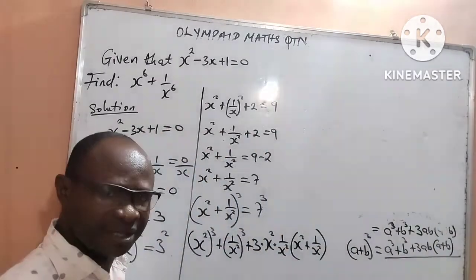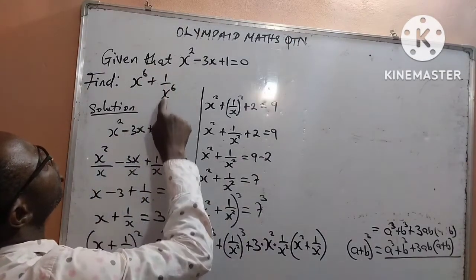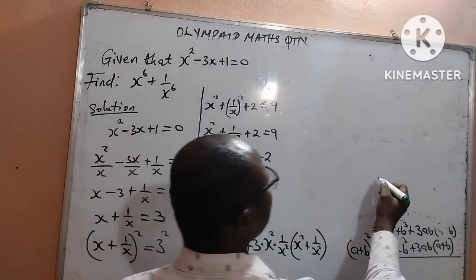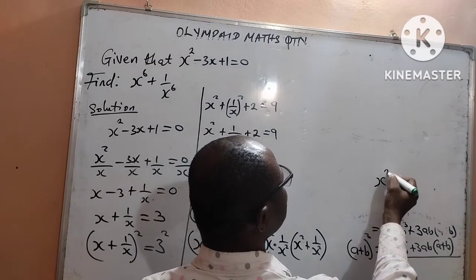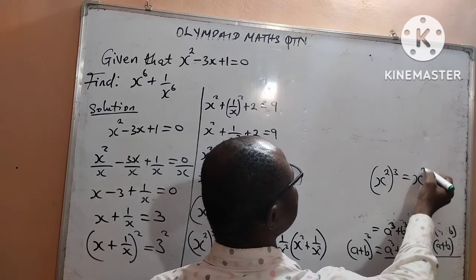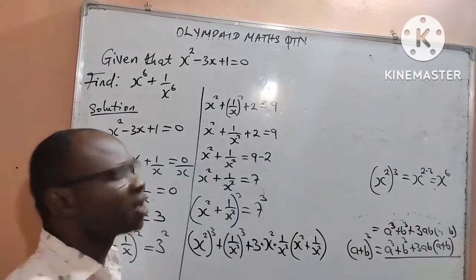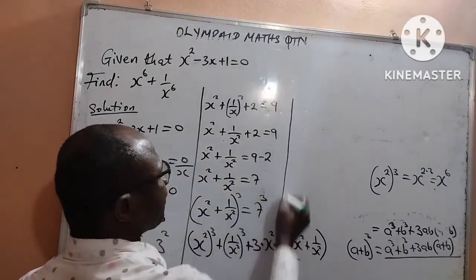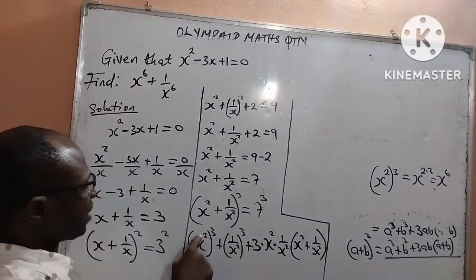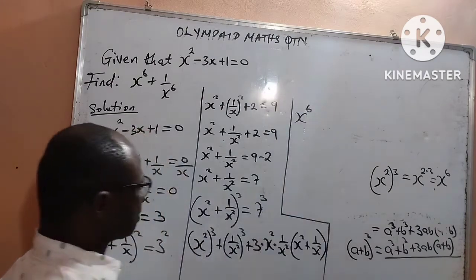What is my target? My target is simply to get x^6 + 1/x^6. And remember, we have already said that (x^2)^3 is the same as x raised to power 2 multiplied by 3, which is x^6. That is law of indices. And moving forward, (x^2)^3 will now be equal to x^6.